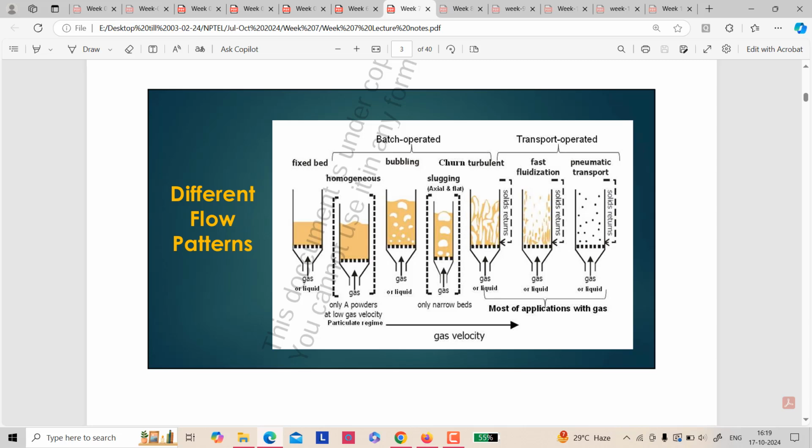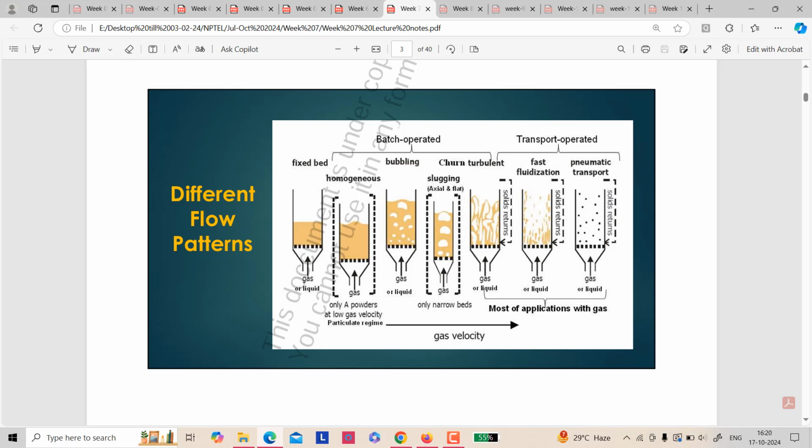Next, when the gas velocity is much more increased, the chaotic movement of the fluids and particles will form a chaotic, turbulent mixture, which is the turbulent bed.